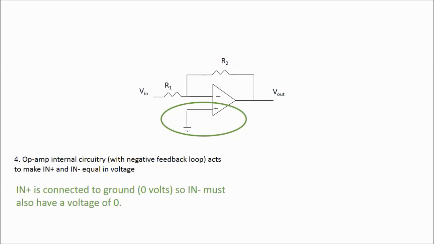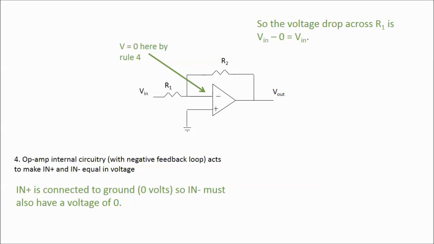Well, the positive or non-inverting input of the op-amp is connected to ground, 0 volts in other words. That means by rule 4 the inverting input has the same potential. So the potential right there is also 0, since the op-amp internal circuitry makes that potential equal to the potential of the other input.